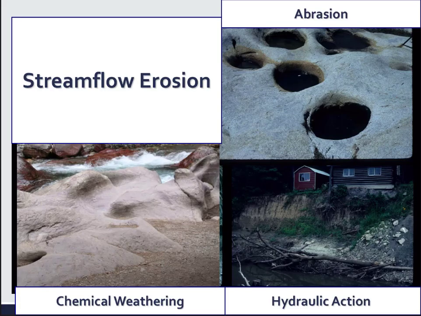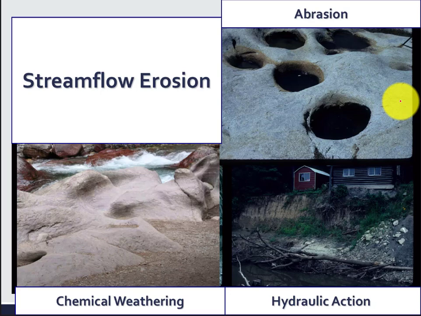So on this screen you see a couple of images. In the top corner, one way that streams erode their stream bed is through abrasion. If you could look into this little pothole, you would see a rock. When water is carrying debris, the debris acts as a tool.